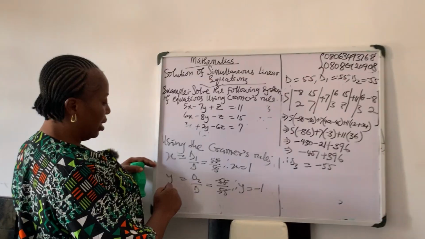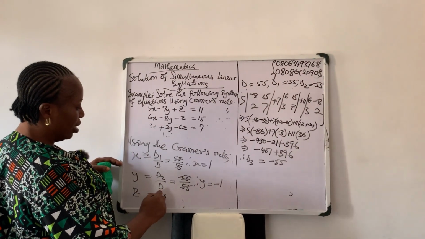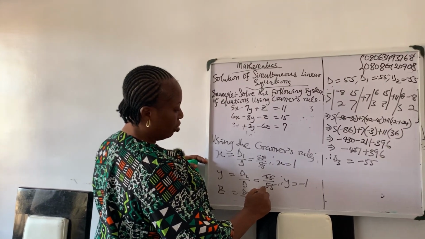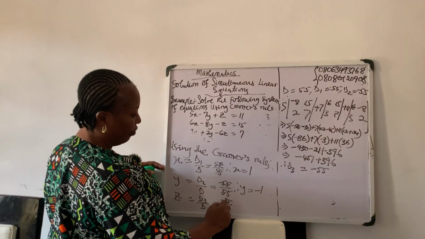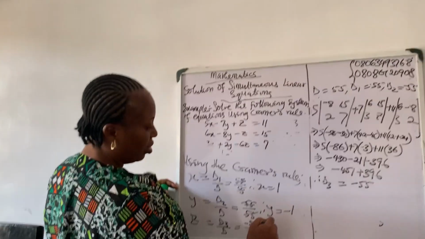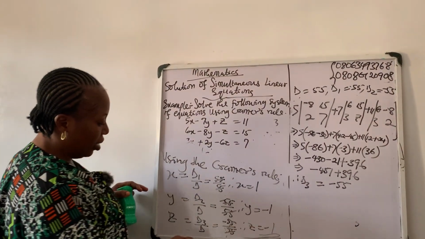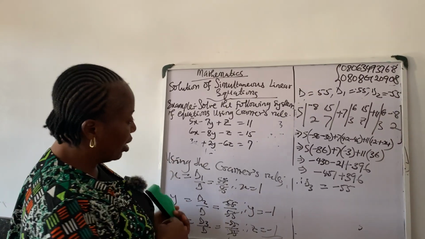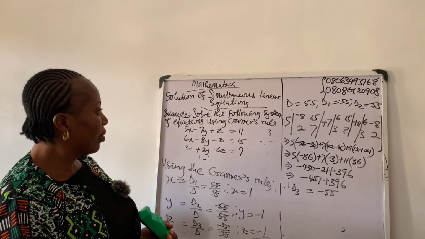And our d3 as well, which is z, equal to d3 all over d, is equal to minus 55 over 55, giving us what? Our z equal to minus 1. Here is the end of the solving using Cramer's rule. Simple. Thank you.